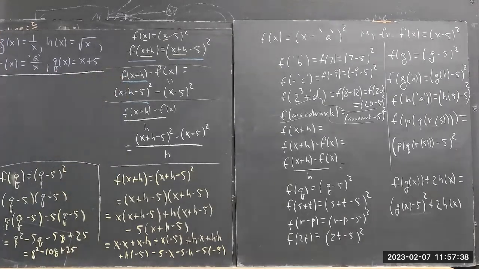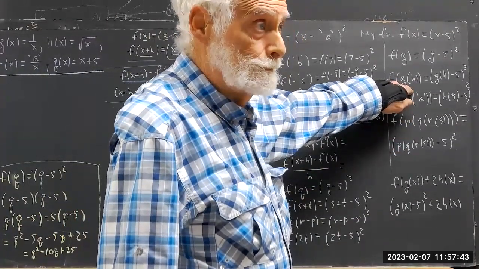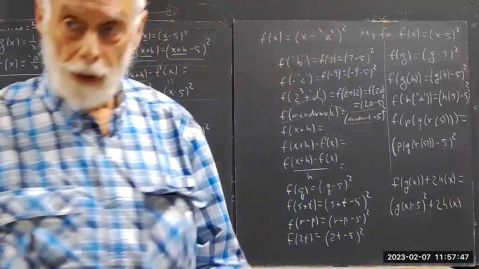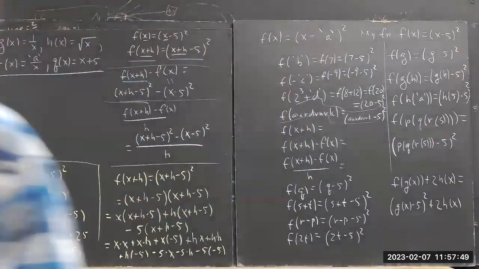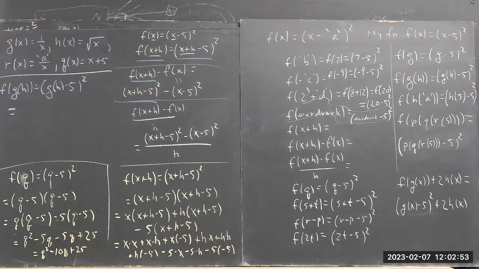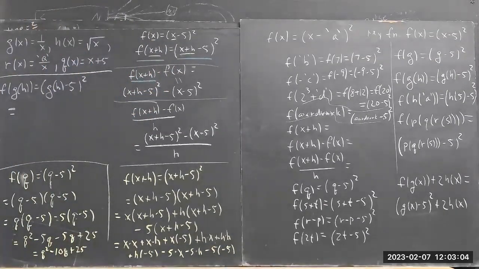So let's simplify f of g of h, which is g of h minus 5 quantity squared. Can you write out what that would be, since I've now given you a formula for the g function? Okay, so first we obtain f of g of h equals g of h minus 5 quantity squared, right? Now what's g of h? Well, g of x is 1 over x.